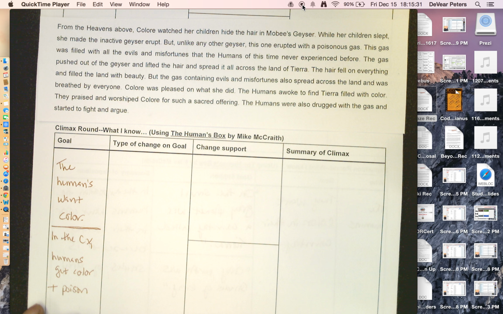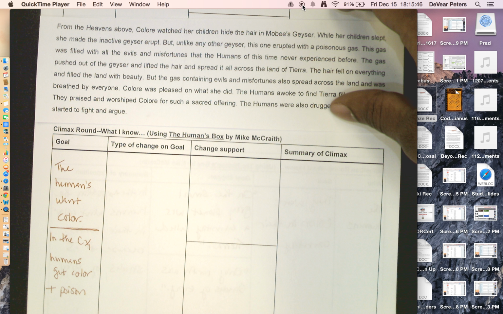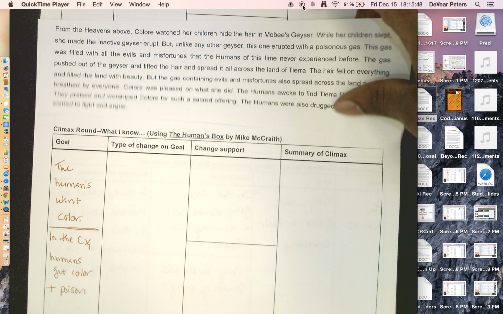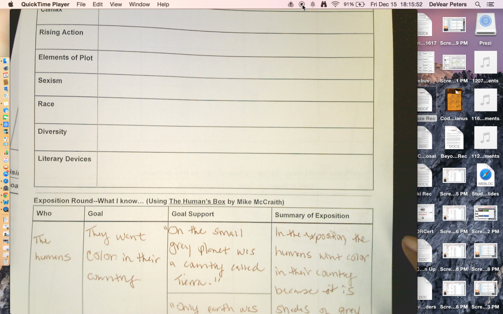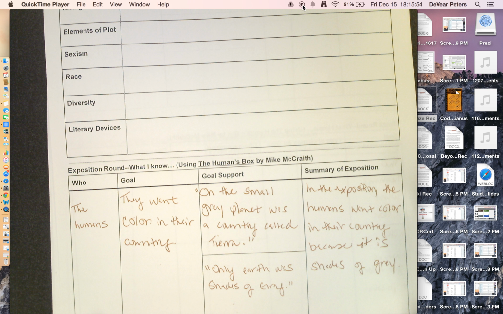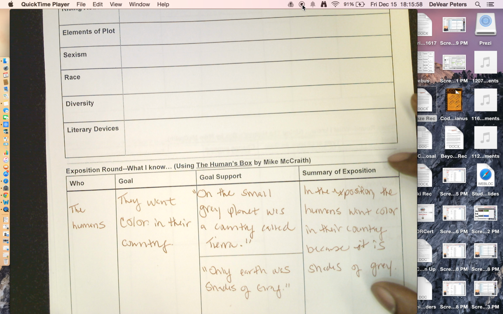Then you want to ask yourself, was this a life, action, or thought change? Meaning, is something about what the humans did from the beginning to the climax change about them getting color? Something about how they thought changed about them getting color? Or did something in their life actually change? This is a very easy moment because if you go back to your exposition, nothing in your summary says an action, or nothing in your summary says thought.